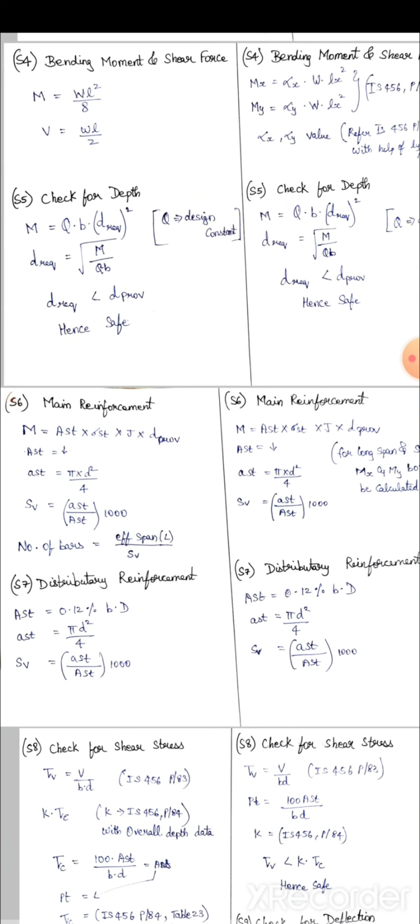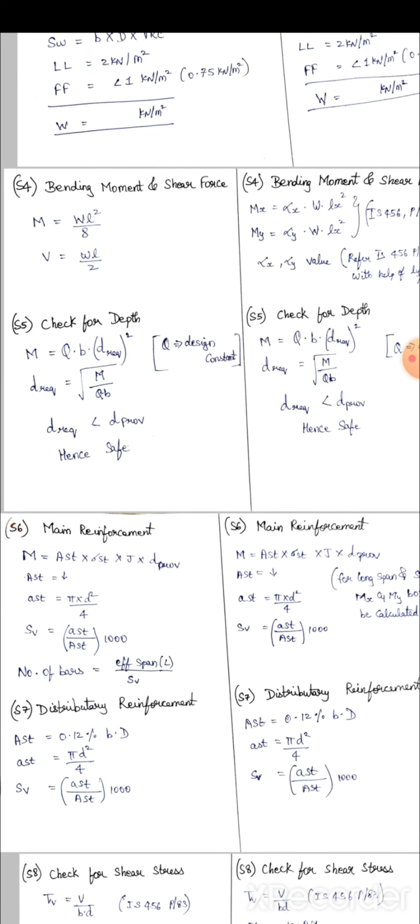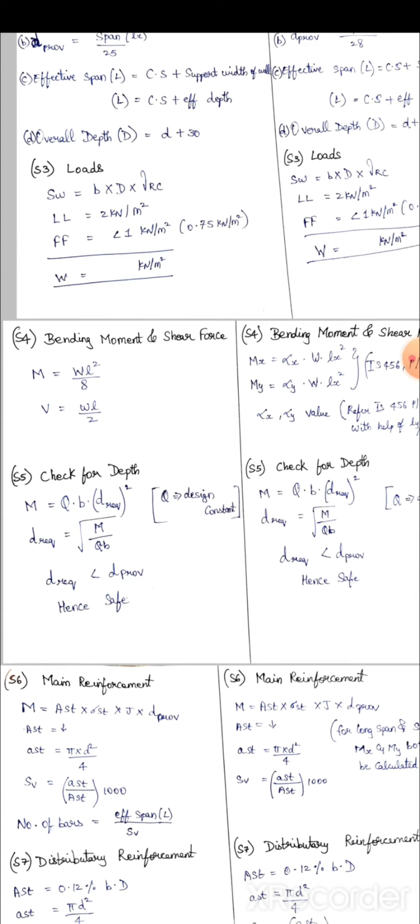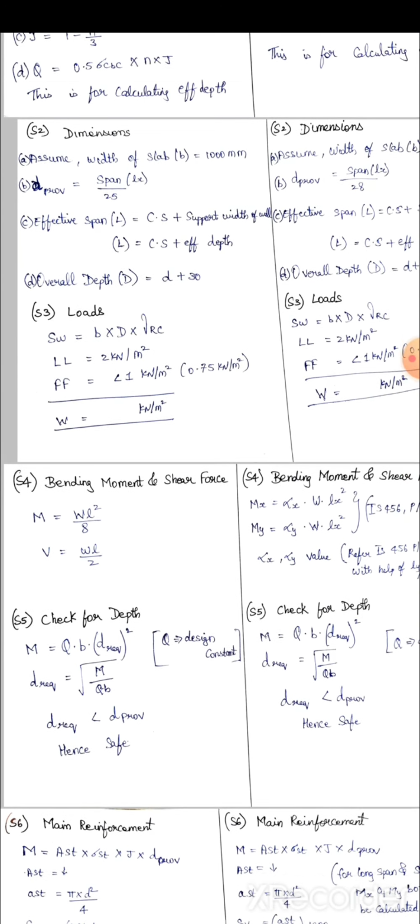So where the formula changes between one-way and two-way slab is in main reinforcement, and in bending moment.